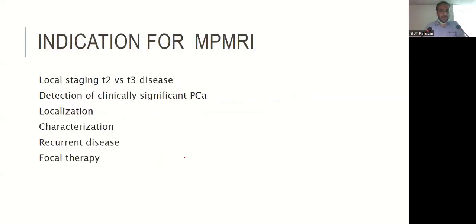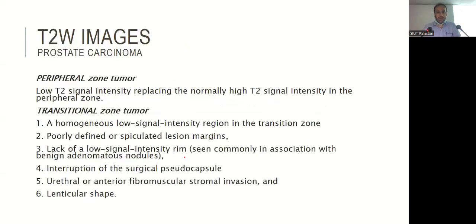The indications for multiparametric MRI are local staging, T2 versus T3 disease, detection of clinically significant prostate cancer, localization, catheterization, recurrent disease, and also for focal therapy. T2 weighted images for prostate carcinoma: for peripheral zone tumor, low T2 signal intensity replacing the normal high T2 signal intensity in the peripheral zone.